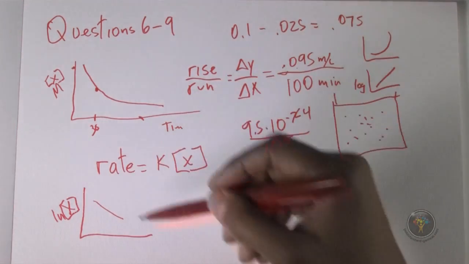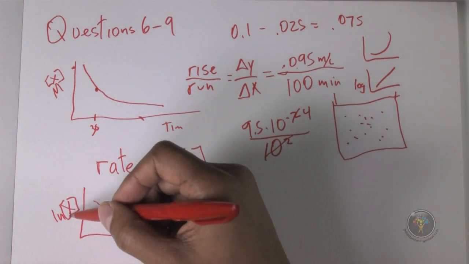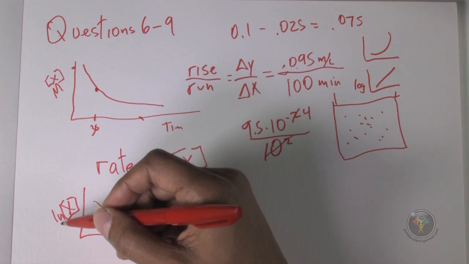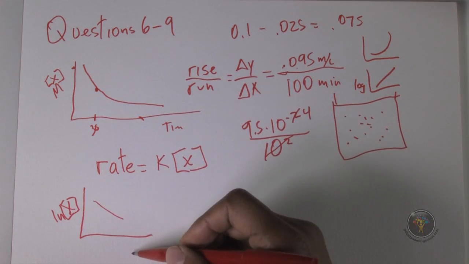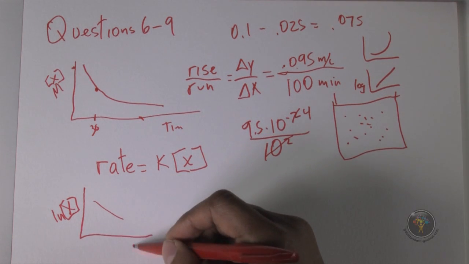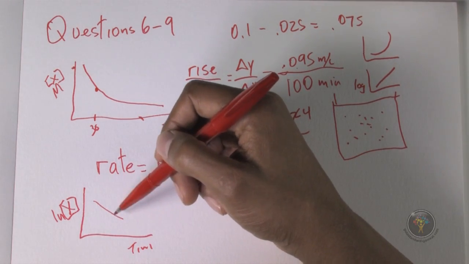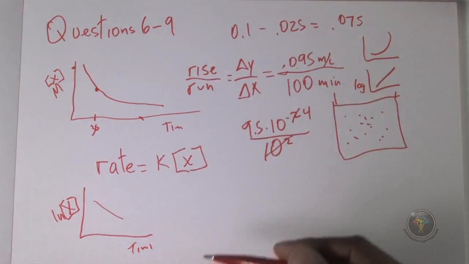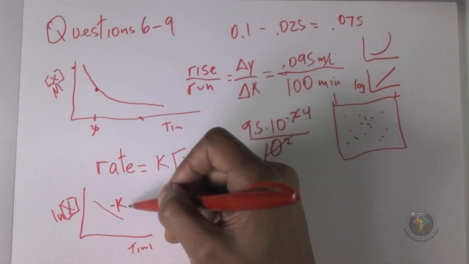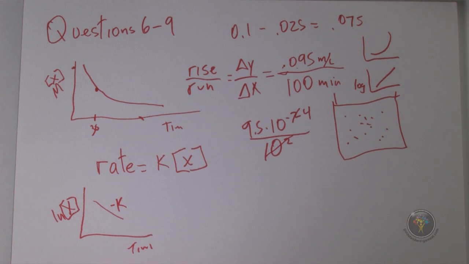So here we have a logarithm, which is the natural logarithm, ln x, and this is a first order reaction, and this is time. And in fact, this slope is obviously a negative slope. It's going down, and it's going down in a very constant way. So this is actually negative k, and that is a constant.